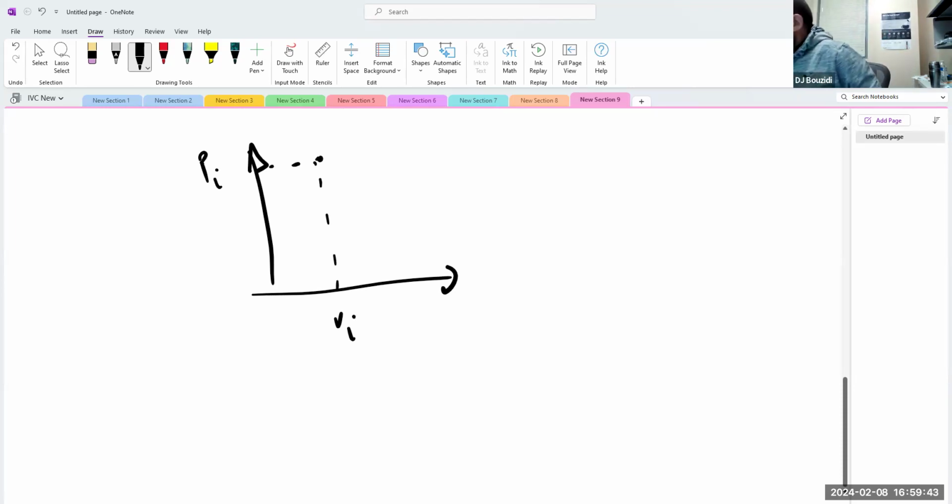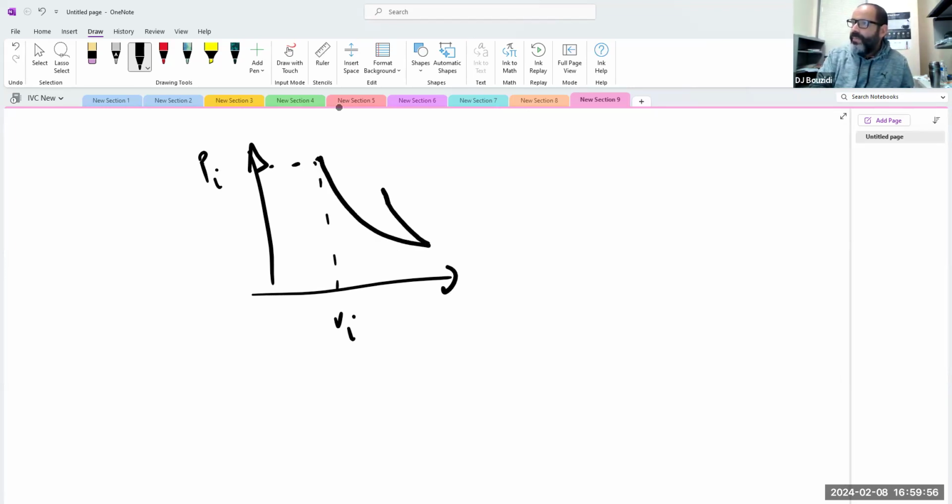So that's given. And it expands isothermally and then contracts adiabatically. So it's going to expand and then it's going to contract on an adiabatic process.